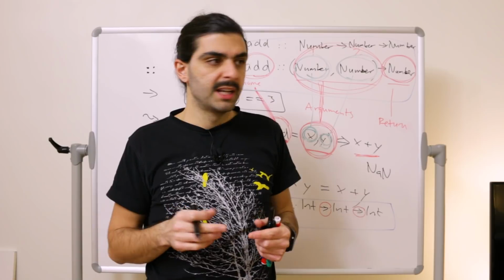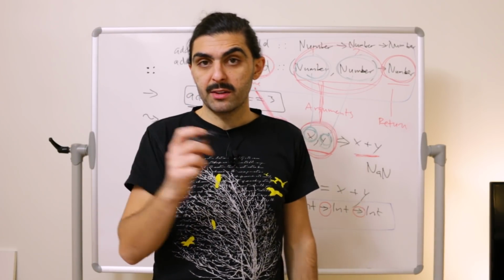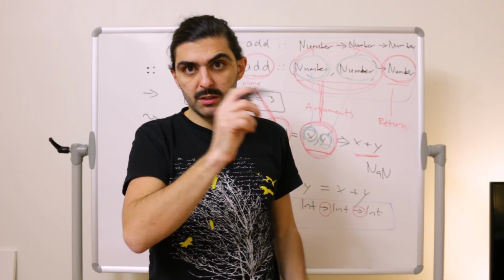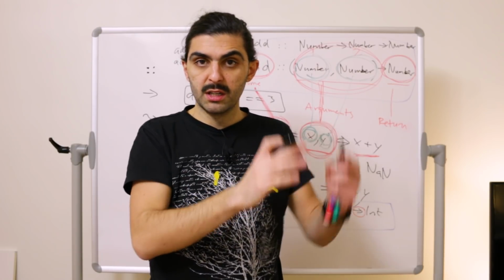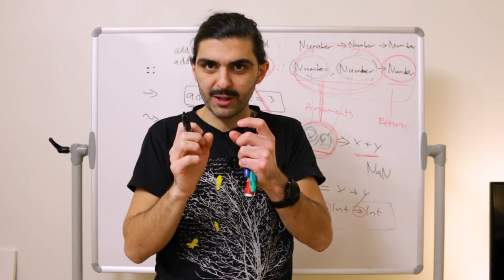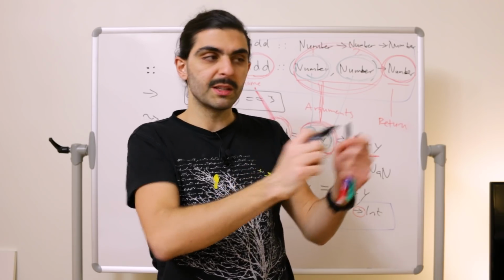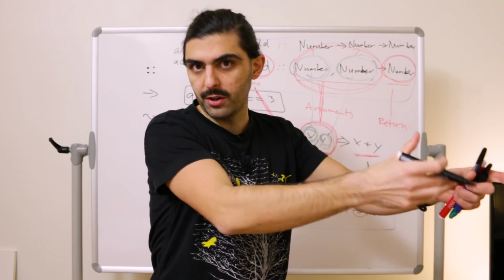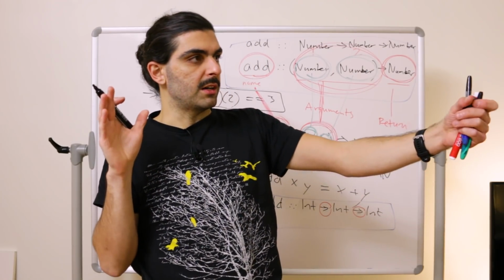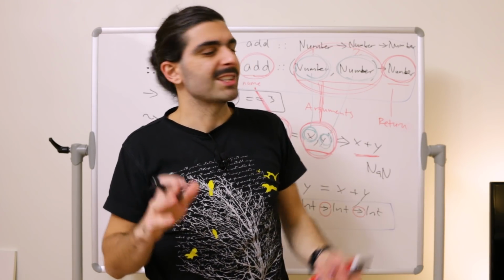Let's say you define an if-else function. Then you might have a condition as the first argument, an if-true function as the second argument, and an if-false function as the third argument. So you have a ternary function, its arity is 3.